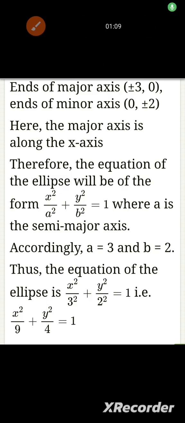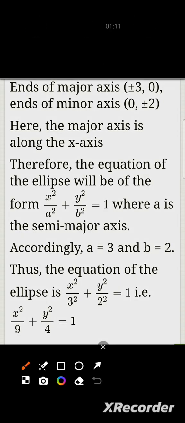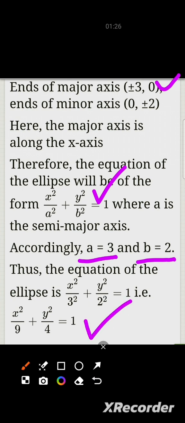So let the equation of the ellipse be x square by a square plus y square by b square is equal to 1, where a is the length of the semi-major axis, and here according to the given condition, this is the a value and this is the b value. So the required equation will be x square by 3 square, that is 9, and y square by 2 square, that is y square by 4 is equal to 1.